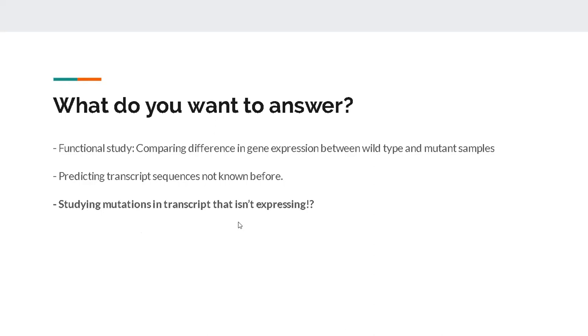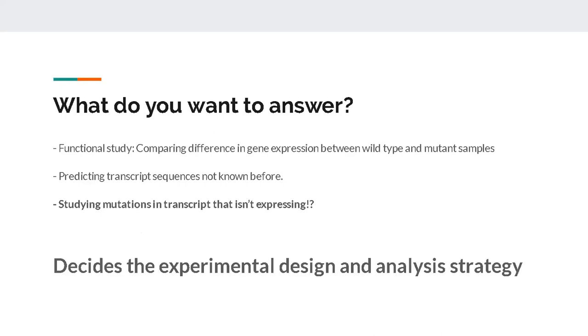So you need to understand beforehand what you really want out of the RNA-seq that you are going to do. Therefore, what you want to answer decides the experimental design and your analysis strategy. And in the practicals we will be focusing on the first point, which is comparing the difference in gene expression of two different conditions.